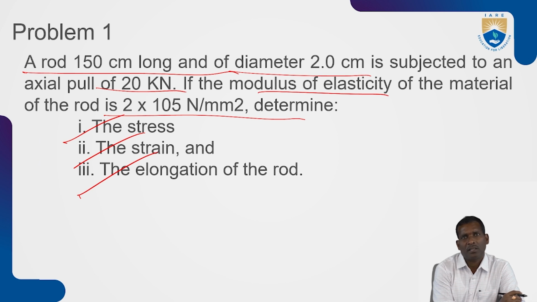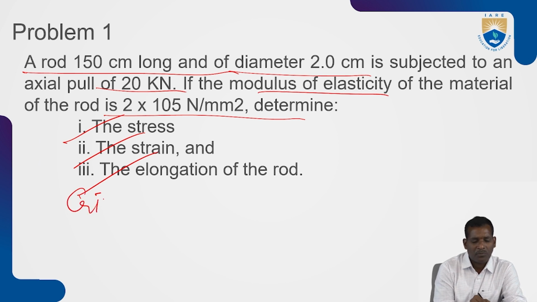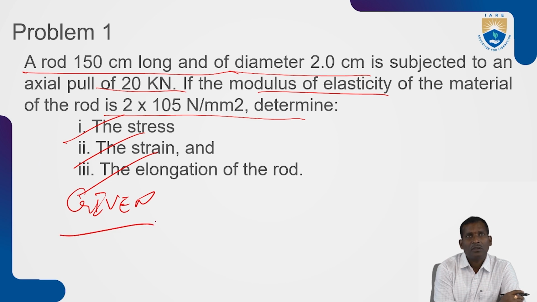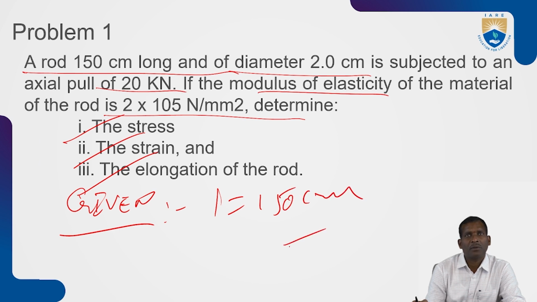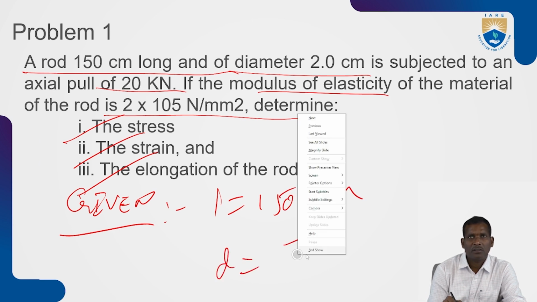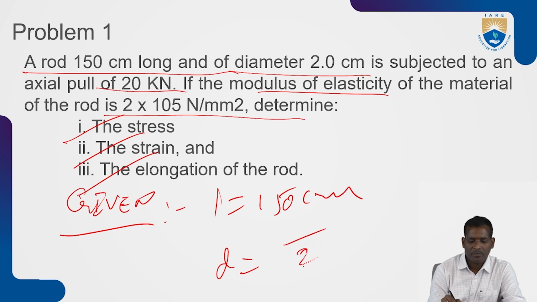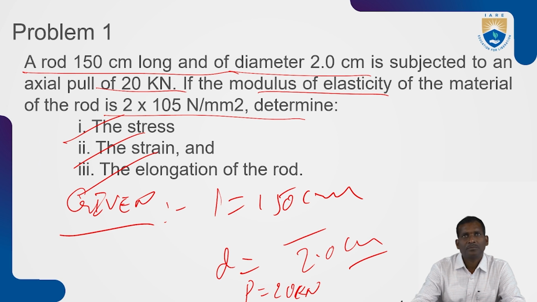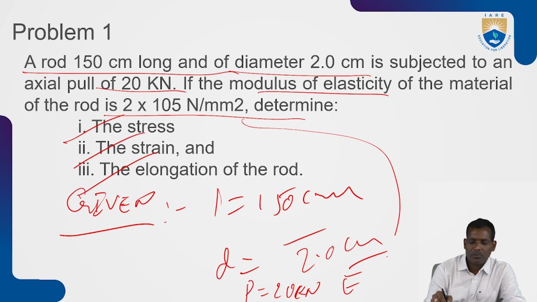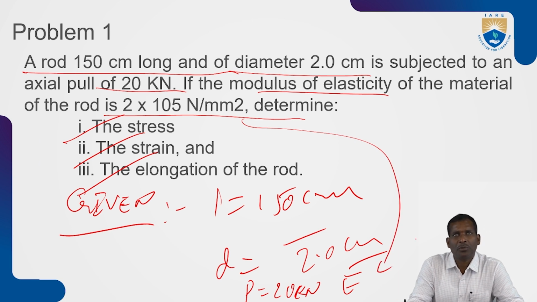First of all, the given data is important for any problem. Given: length 150 centimeter, diameter 2 centimeter, load P is 20 kilonewtons, and modulus of elasticity E is 2 into 10 to the power 5 Newton per mm square.